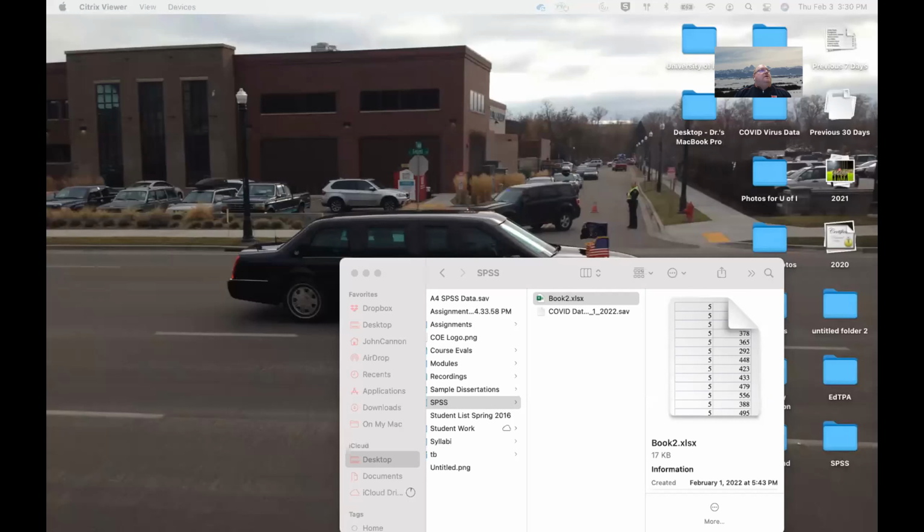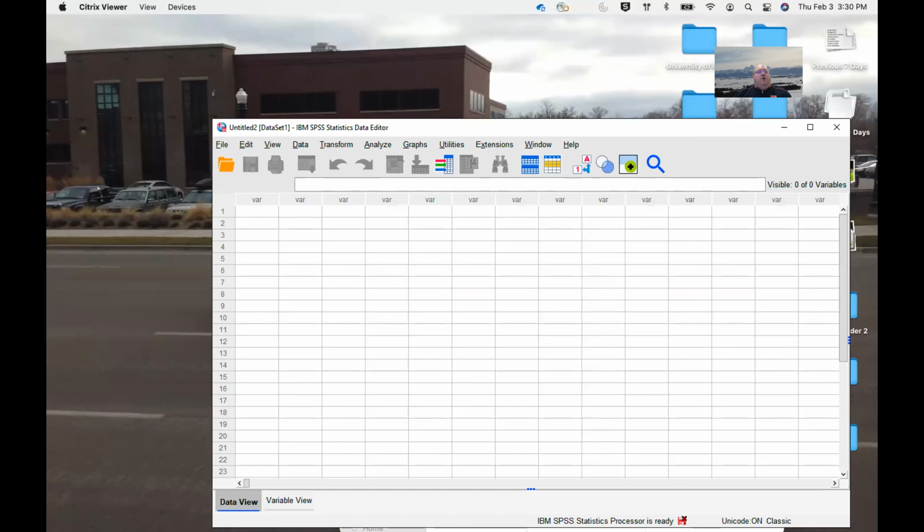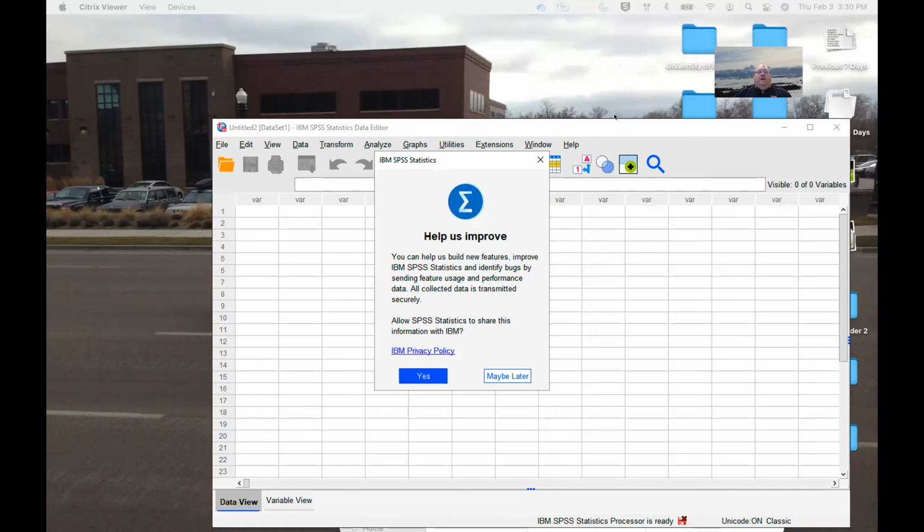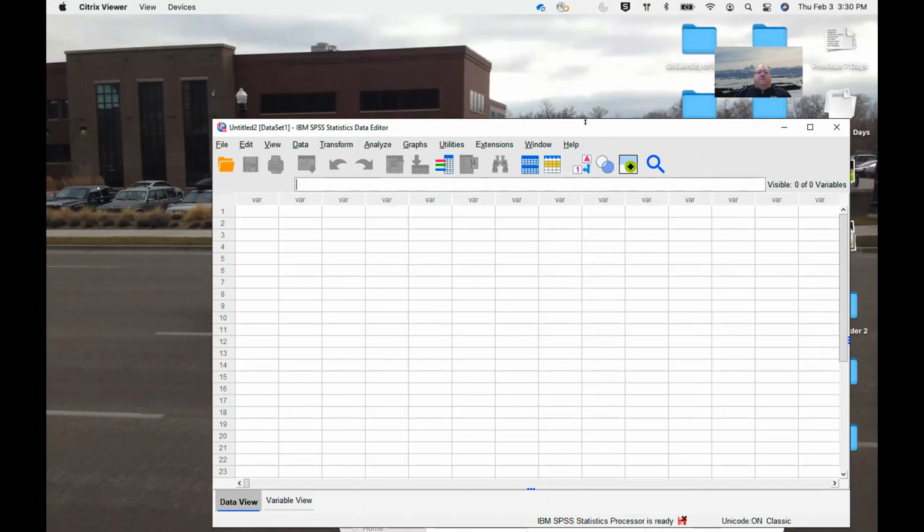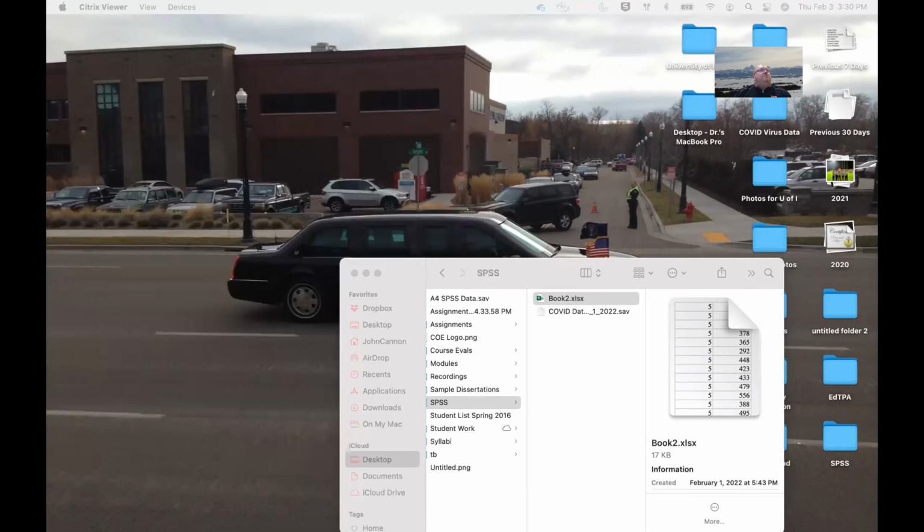Okay, I'm sharing my desktop. This is what SPSS opens up into. Now we're just going to do a new data set, so I'm going to click on open. Let me change my screen here a little bit.